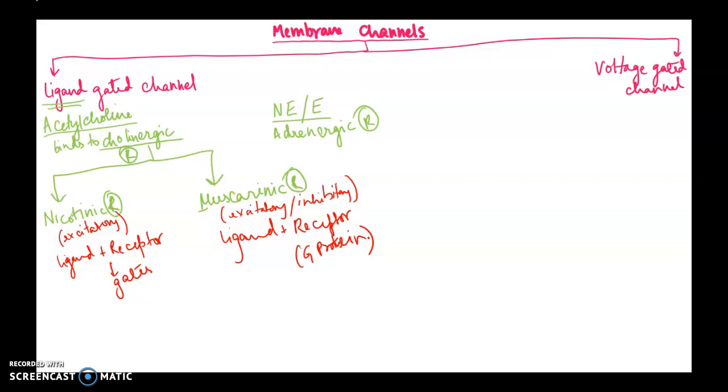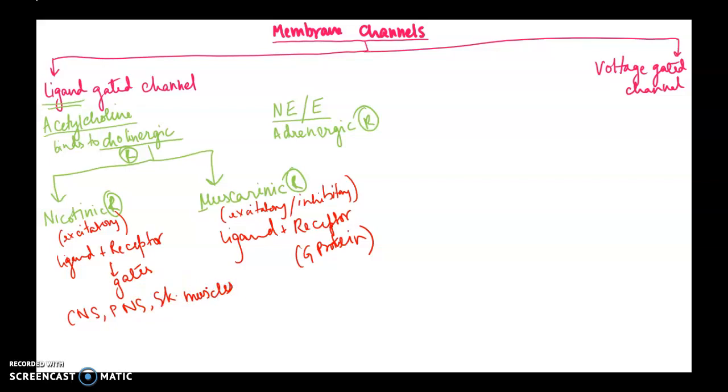Okay, where in the body do we find nicotinic receptors? Well, we find nicotinic receptors in the central nervous system, in the peripheral nervous system, and also on skeletal muscles.